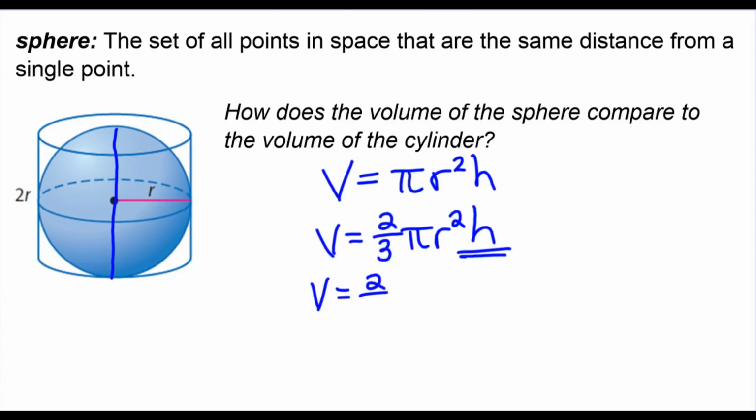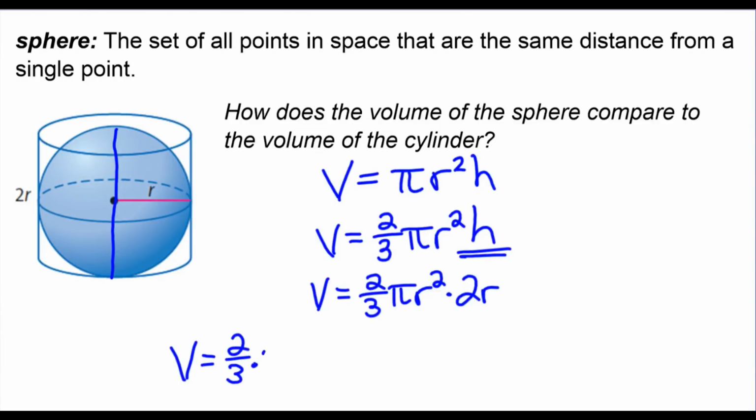So our formula becomes 2/3 pi r squared times 2r, which would be the height of our sphere, so to speak. Now this is kind of jumbled here. I've got numbers and I've got r's all over the place. I'm actually going to simplify this formula a little bit.